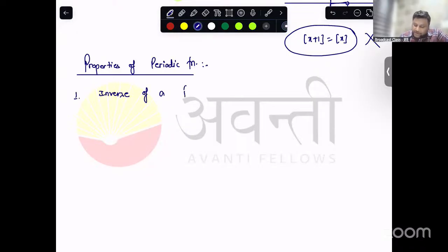The inverse of a periodic function does not exist. Can somebody explain to me why? The inverse of a periodic function does not exist. Why? Tell me.